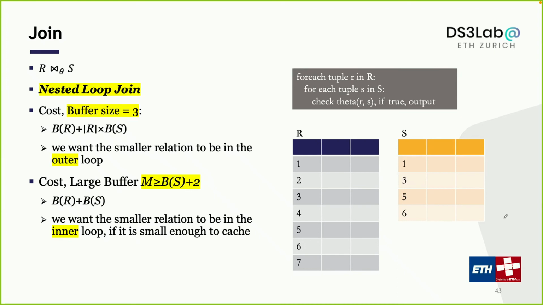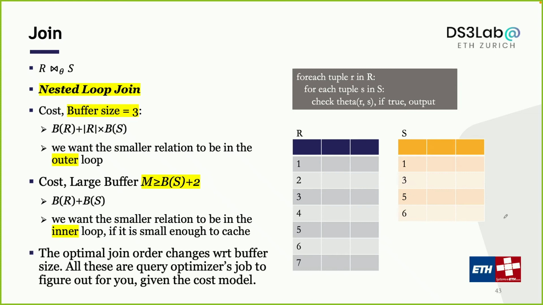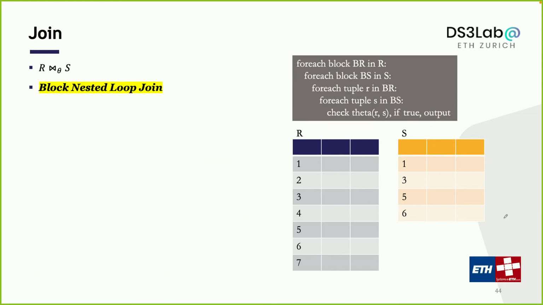It's very hard for them to make a simple decision like this: should I do R join S or S join R? Because that depends on how many pages are in your buffer, how big your relation is, and which algorithm to use. That is where the power of a database system comes from: doing this automatically for the user. We can do way better than this.